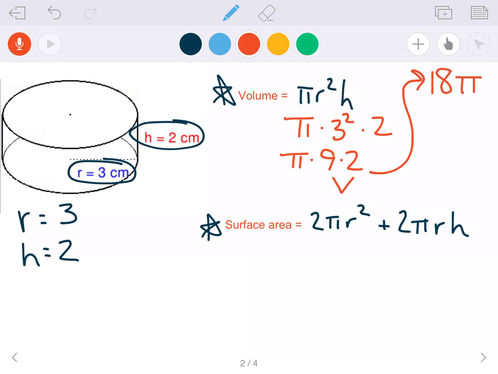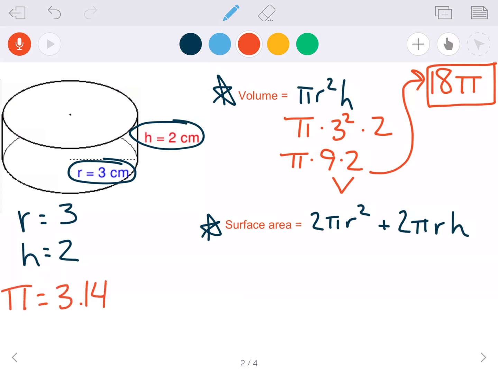If you are ever asked to write your answer in terms of pi, that is this answer right here. In terms of pi just means you ignore the pi until the very end. If I want to know an estimated answer, we're going to take 18 and multiply it by pi, which, just to recap, pi equals 3.14.